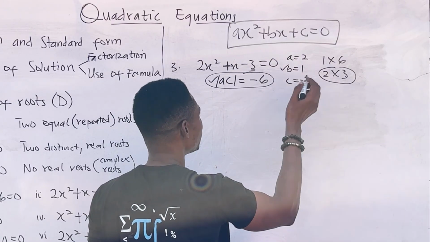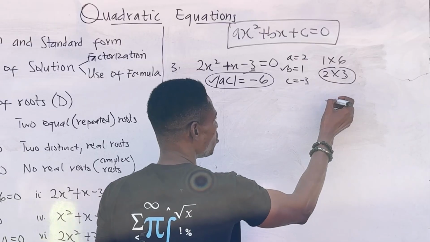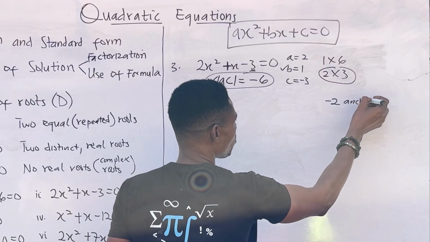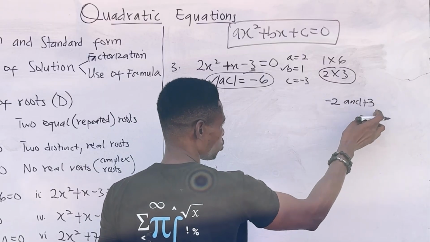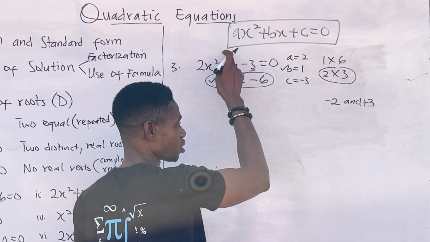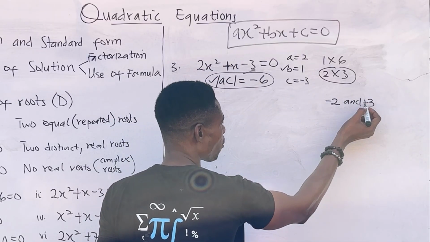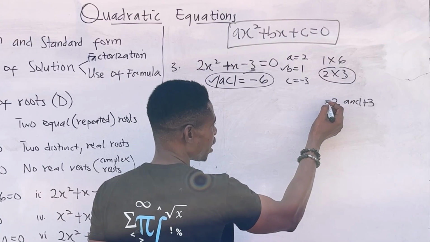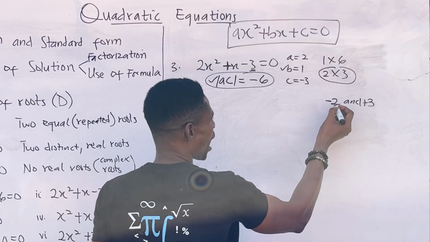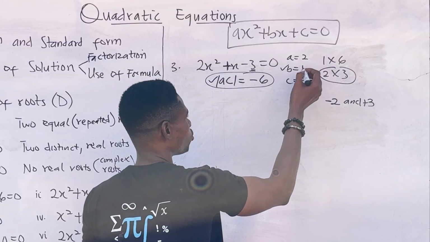So the bigger one, we take this plus. So it will be minus 2 and plus 3. Because if you add these two together, it will give you positive 1. So that's why the bigger one is taking positive, which is the sign of B. The smaller one will take the opposite sign, minus. So now if you add them together, you get plus 1, which is B.